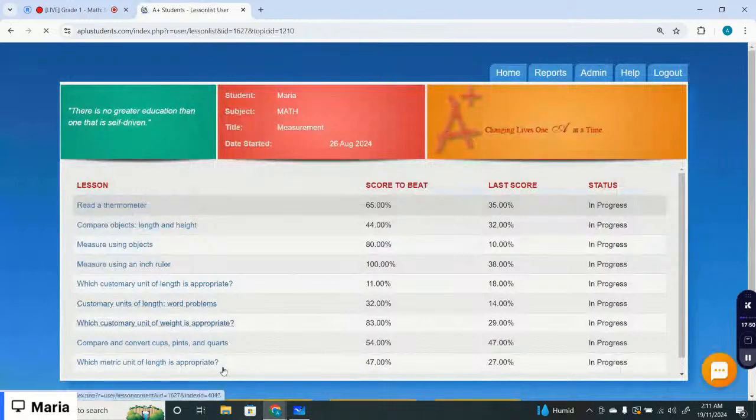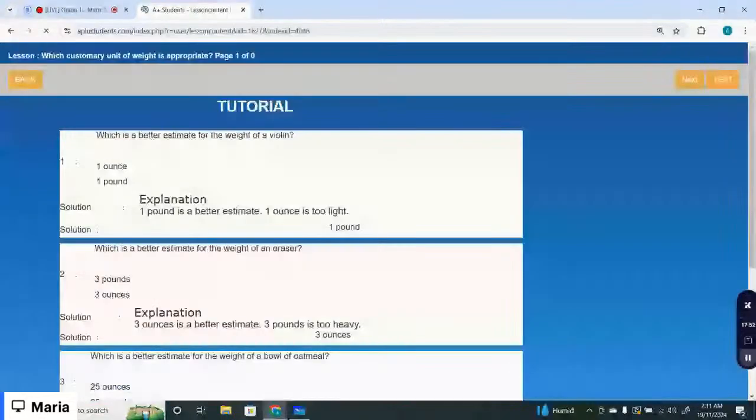That is, which customary unit of weight is appropriate. Now we're going to learn the units of weight, right?